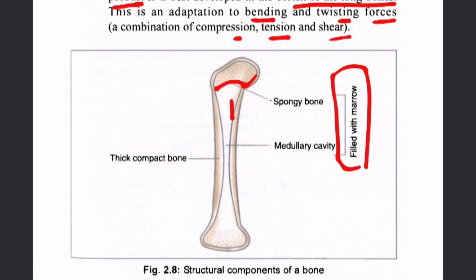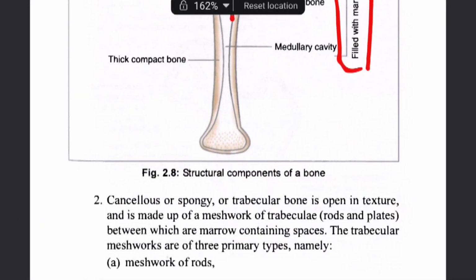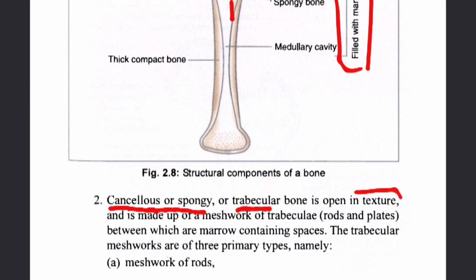Next we'll see the cancellous bone, also known as spongy bone or trabecular bone. Remember it: the first one was compact bone, and the second is the cancellous or spongy or trabecular. This is open in texture and made up of a meshwork of trabeculae, rods and plates, between which are marrow-containing spaces.